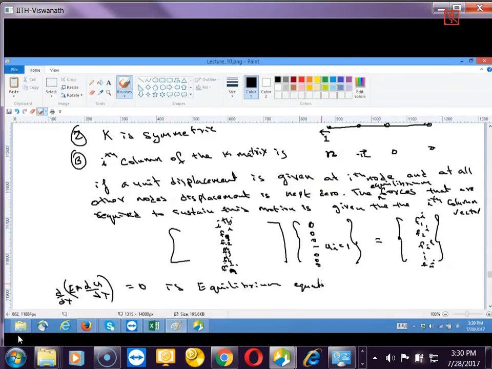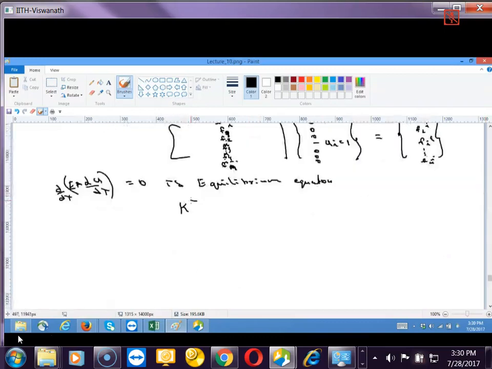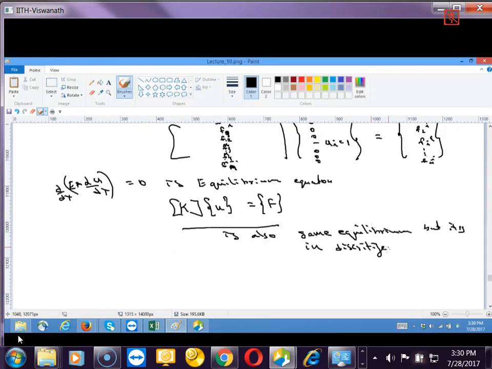In the same manner, K times u is also the same equilibrium, but in discretized form.